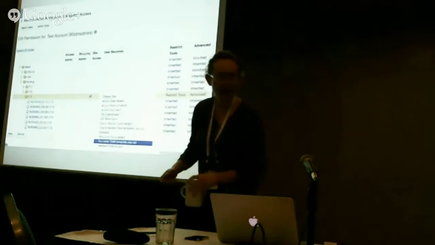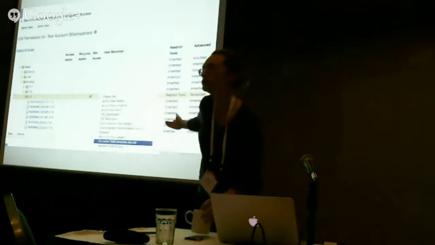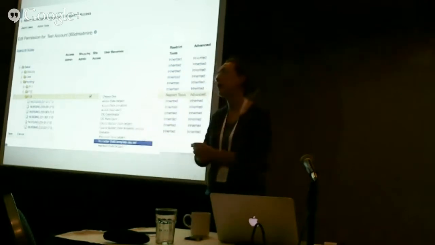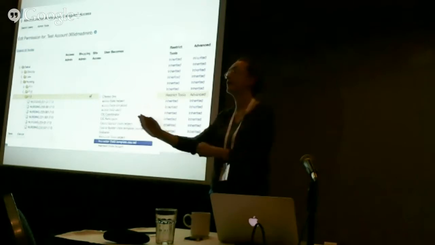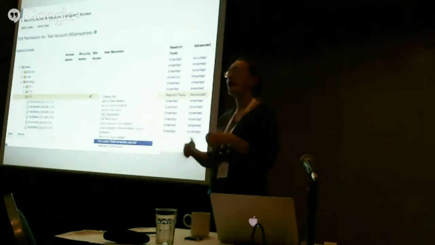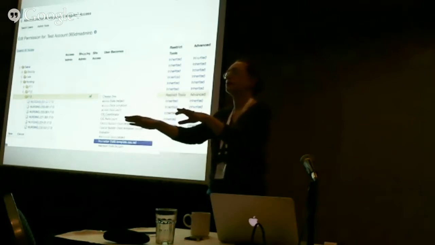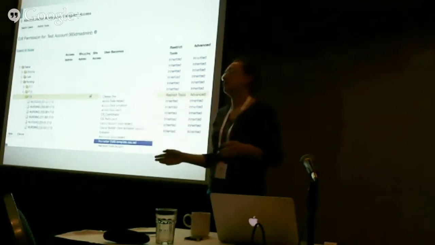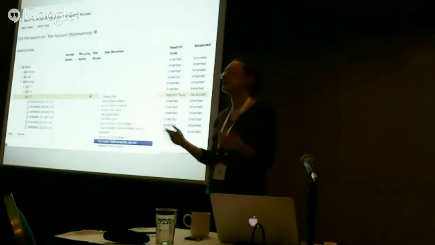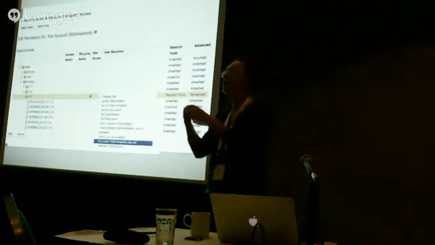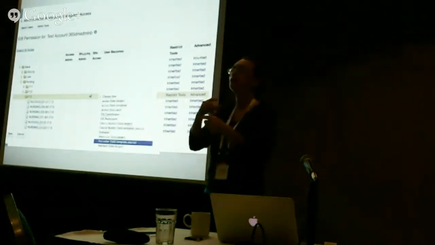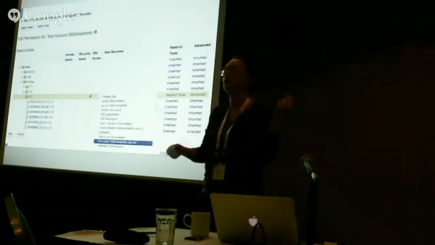So let's say you had, what are we looking at? Law school, right? And let's say law school is really wealthy because it's a really good law school and they have a lot of donors. And they have a whole host of support people over there that just deal with law school people. Maybe they have 5 or 6 people, and they're always bringing on new students all the time. There's a lot of turnover. You don't want to have to go in and grant each person and then remove them, and have them go through you every time they hire a new student.